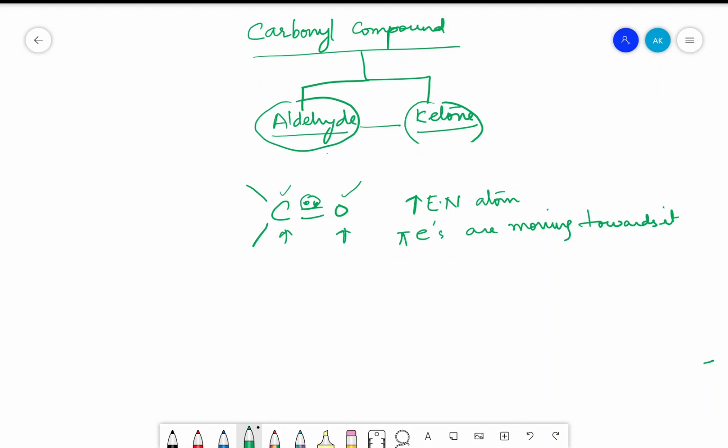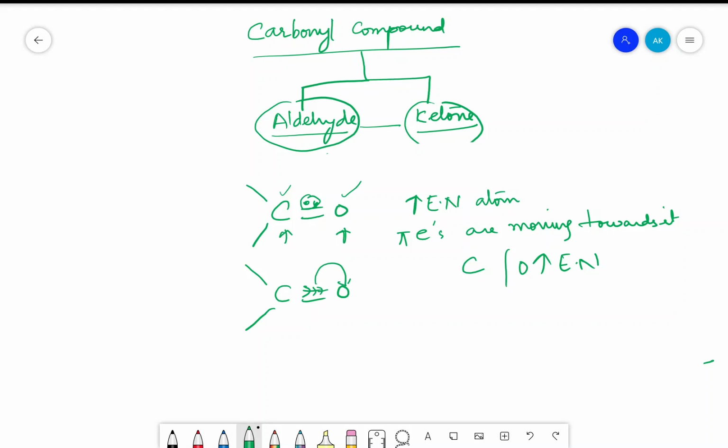So in this carbon and oxygen, oxygen is more electronegative. That is the reason these electrons are moving more towards oxygen.